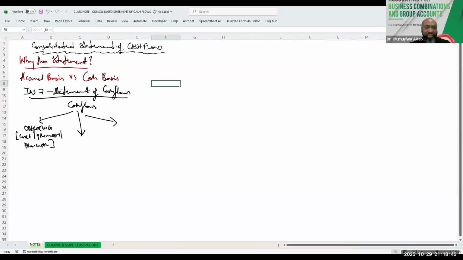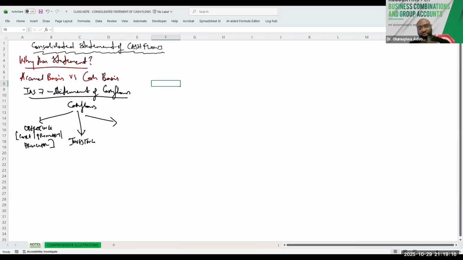But you can't operate without a support system, and you have to invest in your support system. And when I say support system, most of them are items of property, plant, and equipment, and also some items that are intangible in nature.